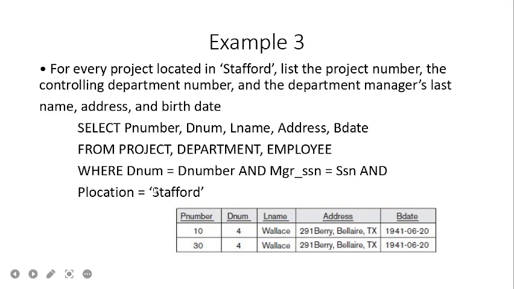So all the attributes that satisfy this condition will be selected. That is the attributes P number, D num, L name, address and B date will be selected. So that is P number, D number, L name, address and birth date. This will be returned.